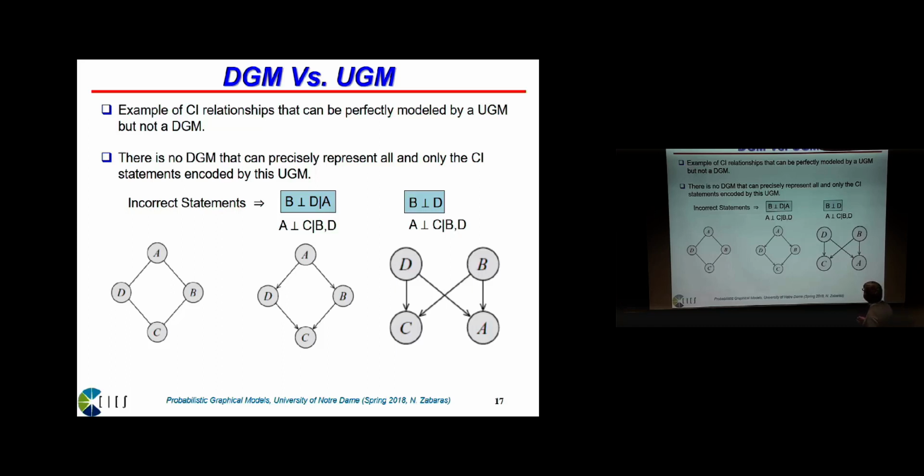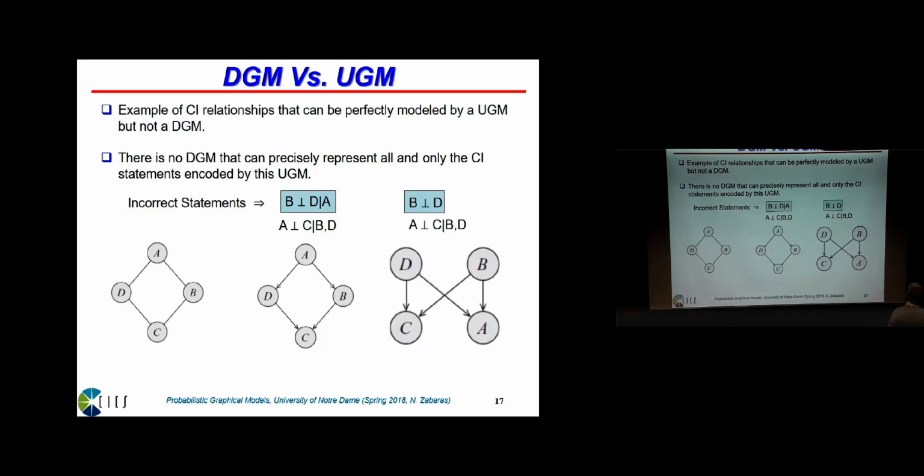But let's look at another relation that is implied by this graph: given A, B and D are conditionally independent. So given A, are B and D independent? No. Why? Because there is a path to D from B through C. So this doesn't work.